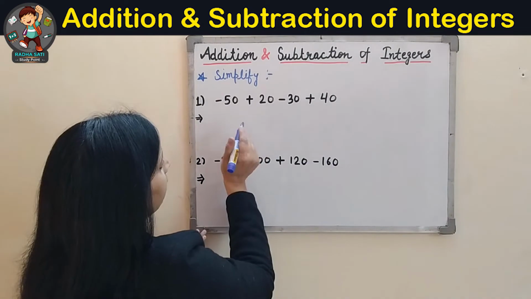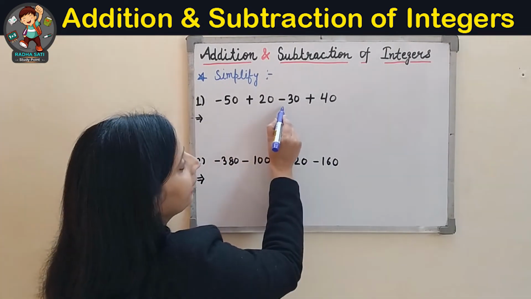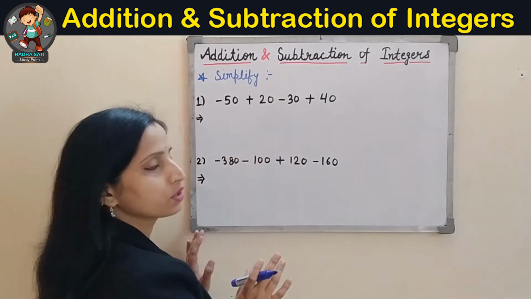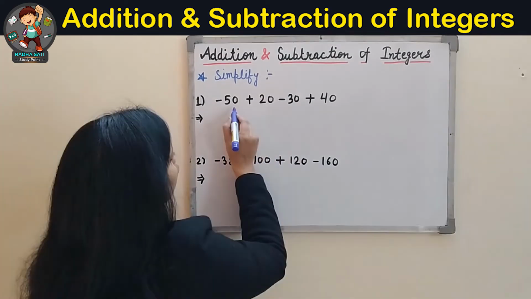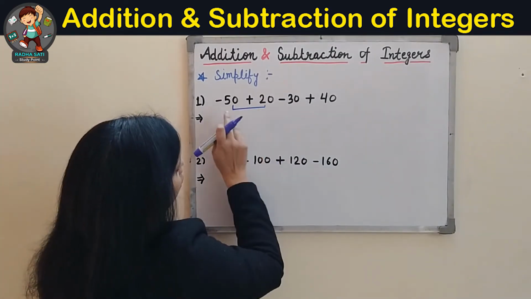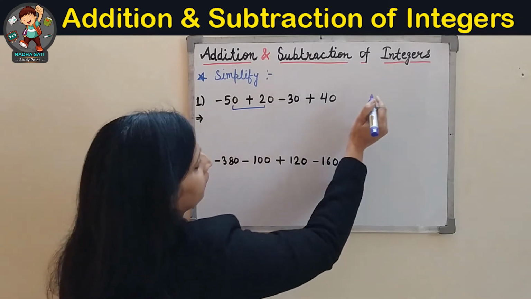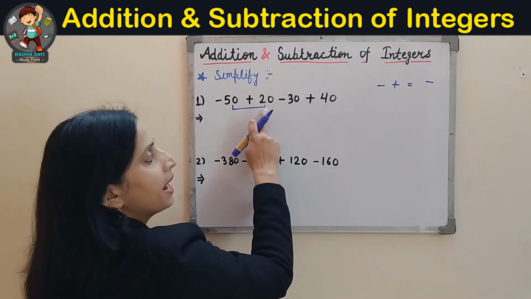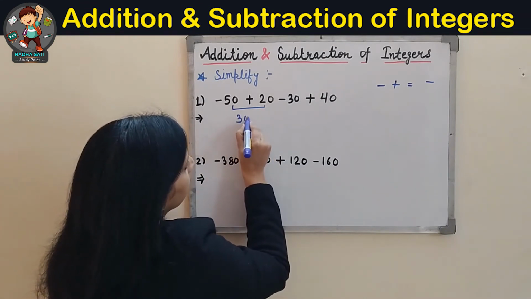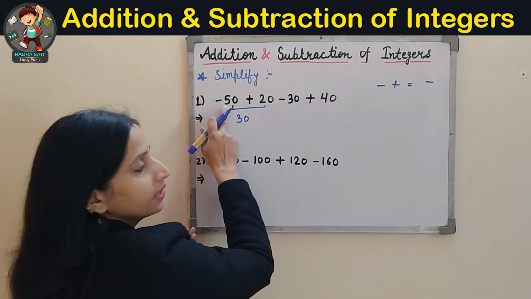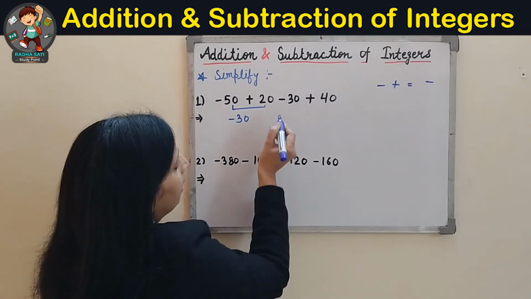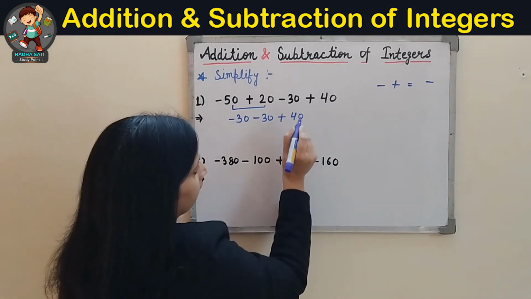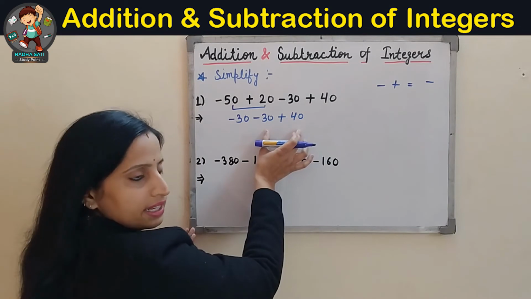So the first question here is minus 50 plus 20 minus 30 plus 40. So in this question we will use all the rules. Okay. So first we will solve these two. This is a negative integer, this is a positive integer. Minus plus minus. So 50 minus 20, we will get 30. And the sign of the greater number, that is 50, the sign of minus will come. Then write minus 30 plus 40, these two as it is.